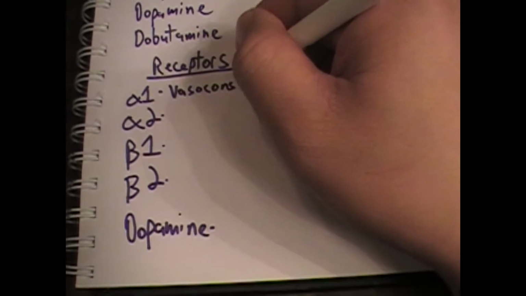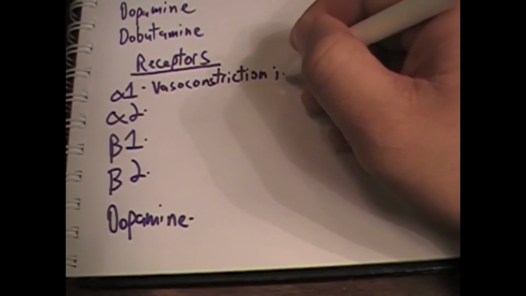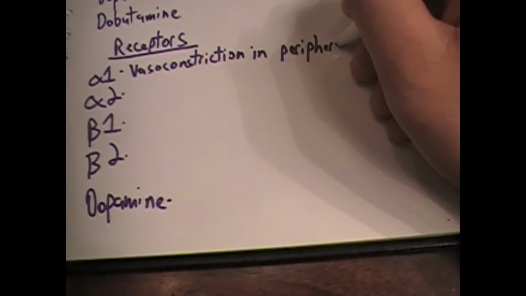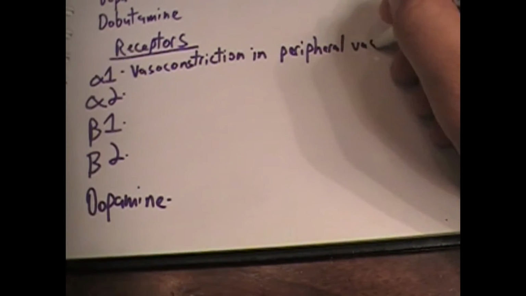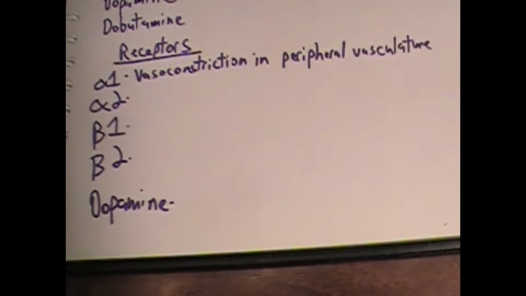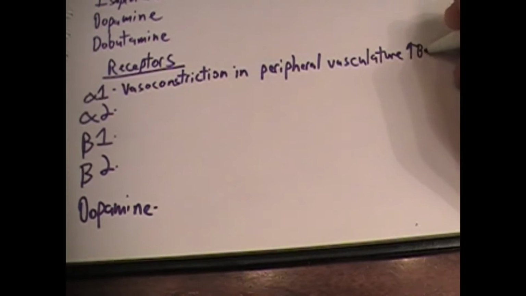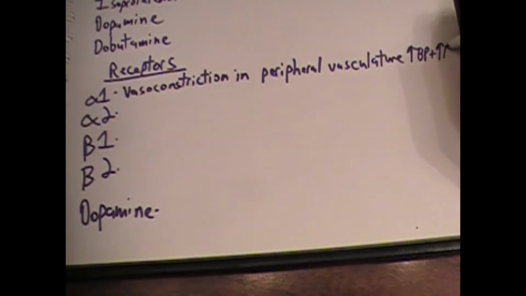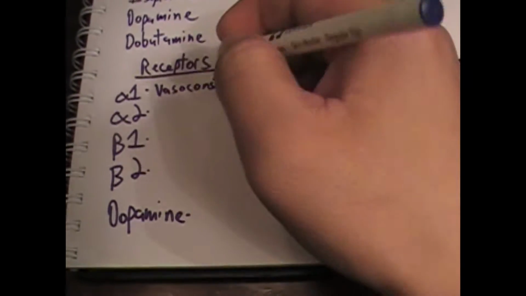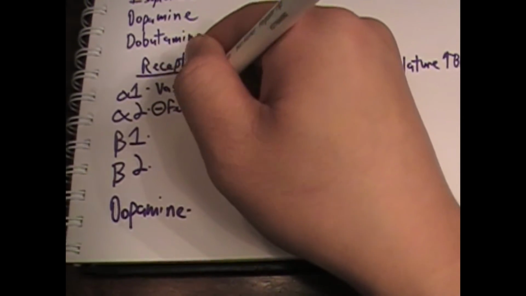For alpha 1, we will have vasoconstriction in the peripheral vasculature, causing an increase in blood pressure, and its corollary increase in the MAP, or the mean arterial pressure, which is super important in terms of the cardiac division.